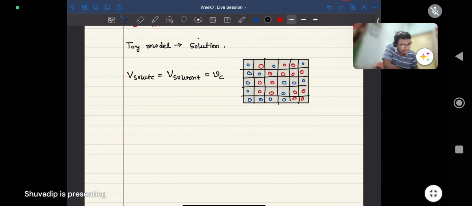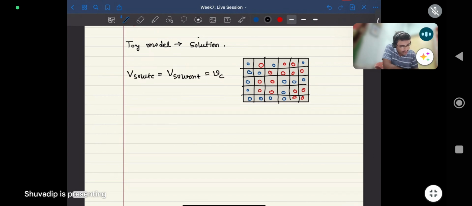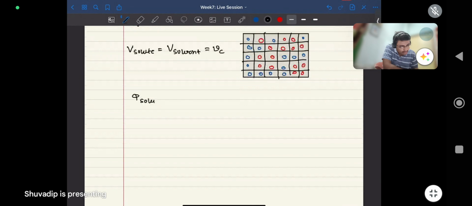Now what will be phi solute, the volume fraction of the solute particle? Here P denotes the solute and S denotes the solvent. So in P, the total volume occupied by the solute molecules is Np into Vc, divided by Np into Vc plus Ns into Vc.